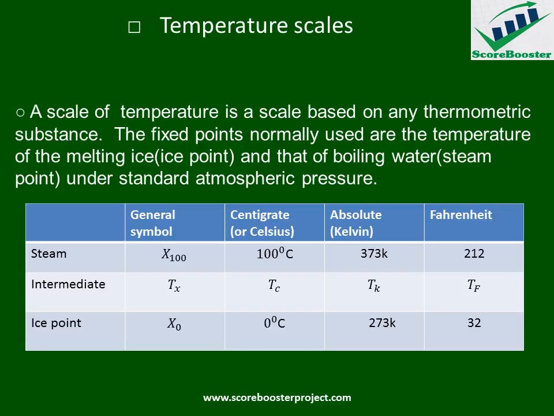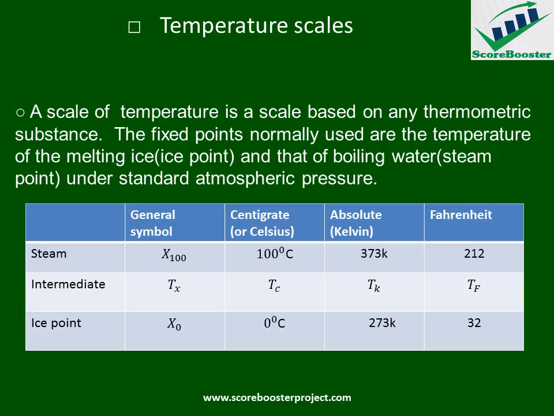Now, for intermediate, we normally represent it generally by Tx. For centigrade, we represent the intermediate temperature by Tc, where C represents Celsius. For absolute Kelvin, we represent it by Tk, and for Fahrenheit, by Tf, where F represents Fahrenheit.